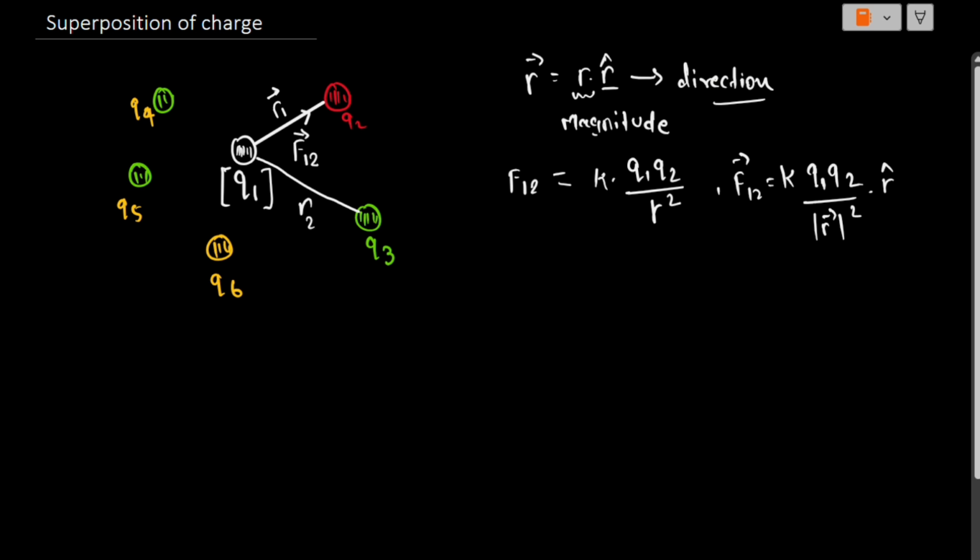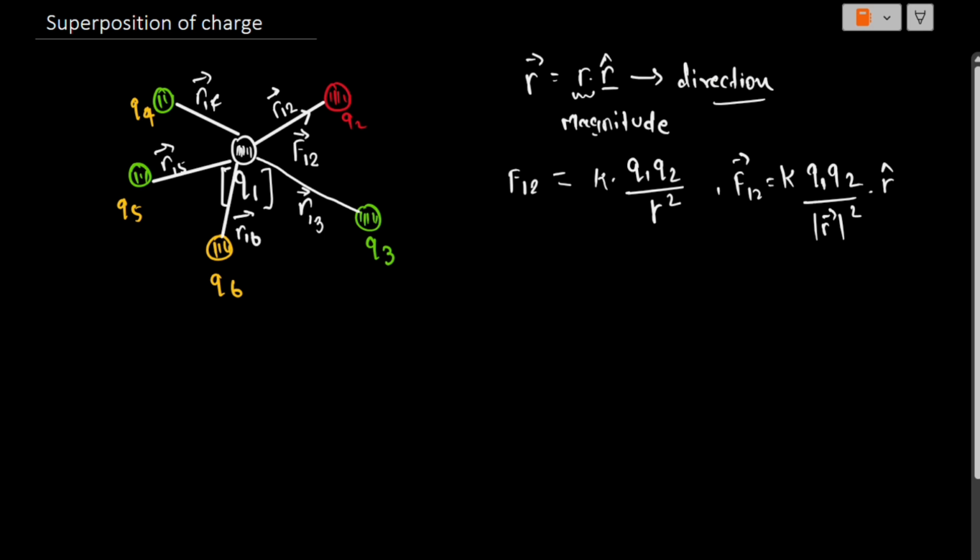Or maybe we can write it in a two-index form: when we write the distance between Q1 and Q2 charge, we write R12, and when we write the distance between Q1 and Q3 charge, we write R13. This is more specific and more clear. Similarly, the distance between the Q1 charge and Q4 charge would be R14 vector, this distance would be R15 vector, and this distance would obviously be R16 vector.